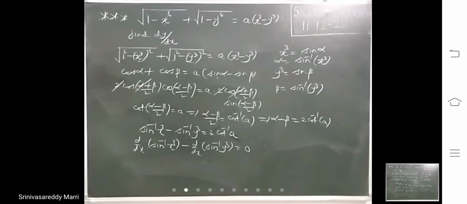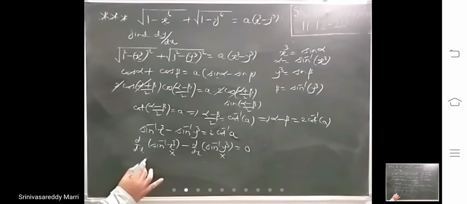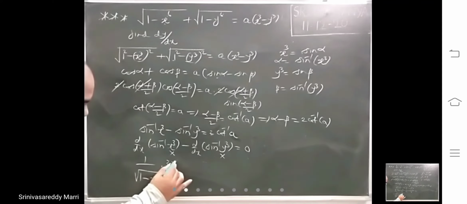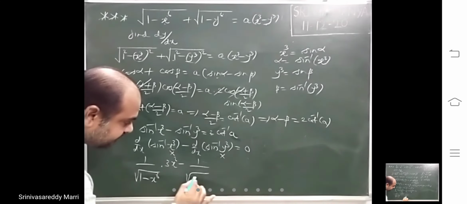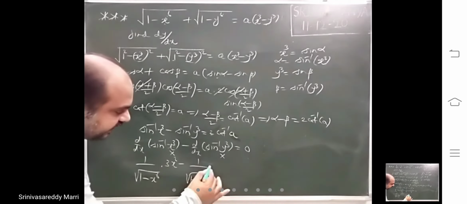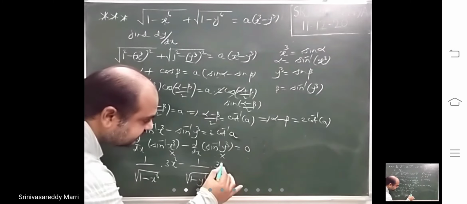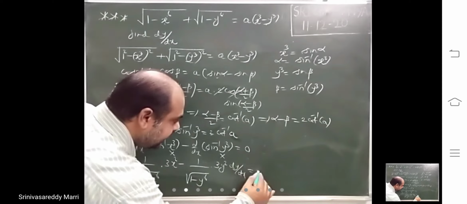For the derivative of sine inverse, treat this as capital X. Sine inverse X gives 1 by root of 1 minus X square, where X square means x cube whole square, into the derivative of capital X, 3x square, minus the derivative of sine inverse again, 1 by root of 1 minus y power 6 into the derivative of capital X, that means the derivative of y cube, which is nothing but 3y square into dy by dx.